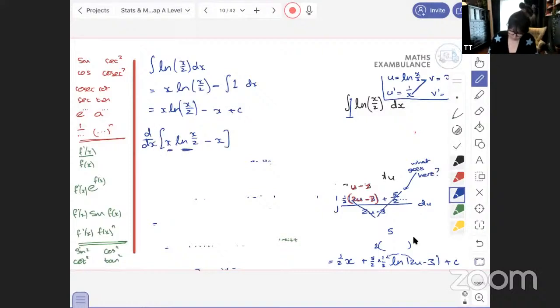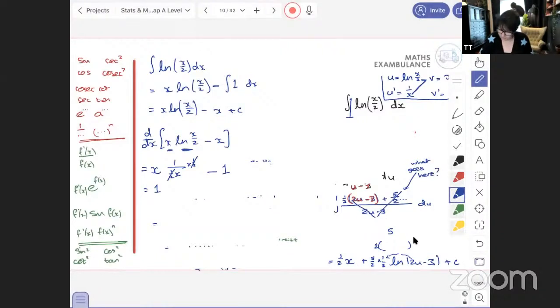Product rule: hold still the x while you differentiate the ln(x/2). The derivative of ln(x/2) is 1 over, I'm going to write it as (1/2)x instead of x/2, and then you multiply by a half. So that half cancels with that half, leaving me with just 1 over x times x, which is 1. Minus, when you differentiate x, you get 1.